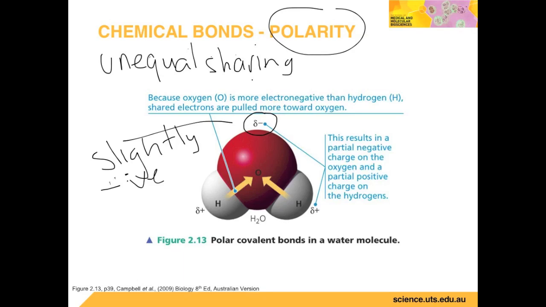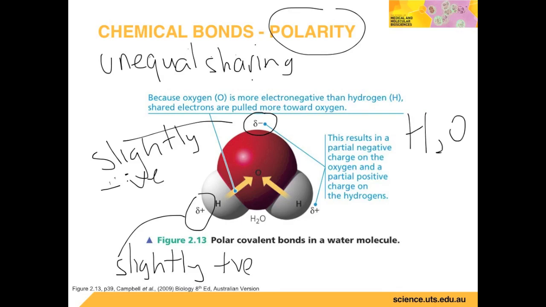When one of the elements in a polar molecule becomes slightly negative, the other element becomes slightly positive. This is because the electrons in the covalent bond are being drawn away from it towards the other element. The classic example of polarity is water.